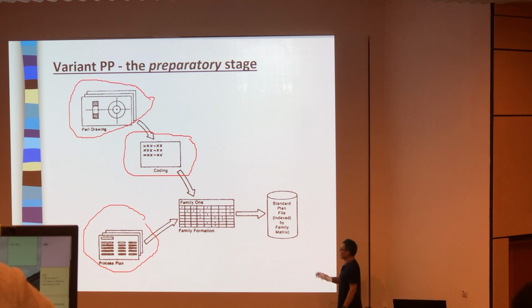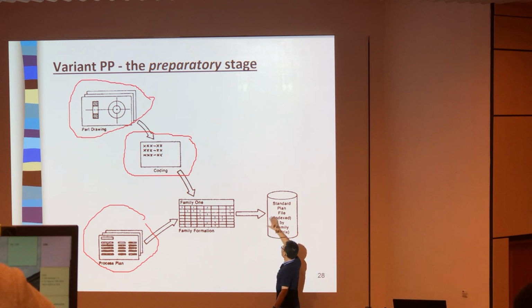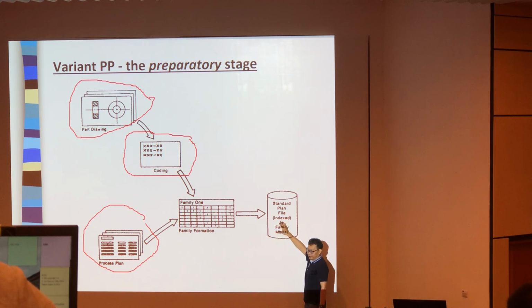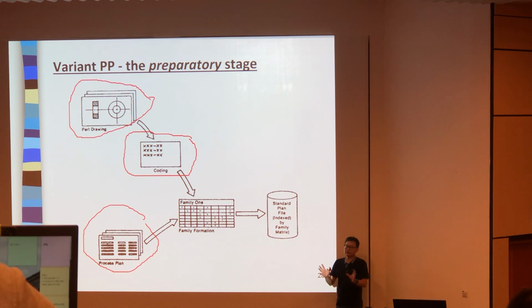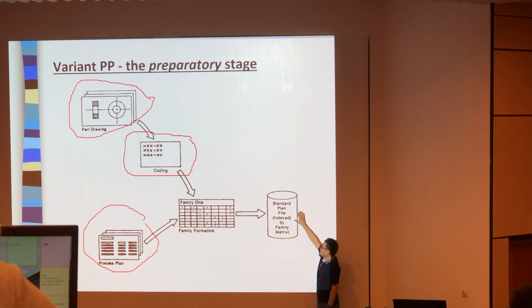All right. Once this stage is done, we've got a database system. The system eventually is a database system, and in this database system, we have different part families. For each part family, we have a standard plan, and also we have its name tag. The name tag is called a family matrix.